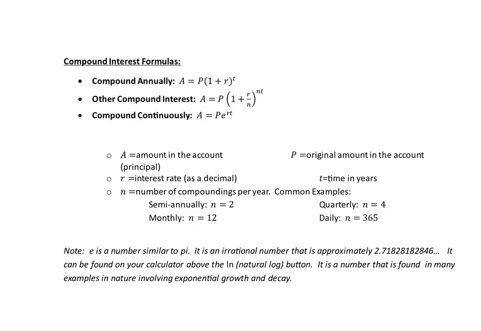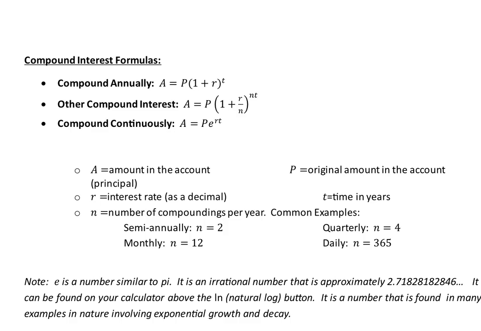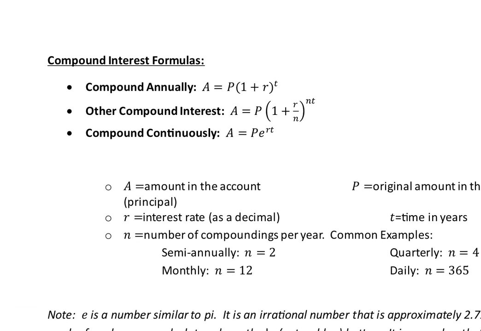So when we talk about compounded annually, it's only compounded once at the end of each year. Our formula for this is A equals P times 1 plus R raised to the T.